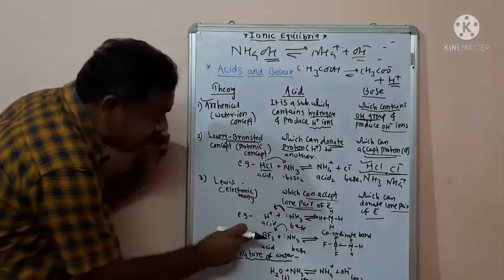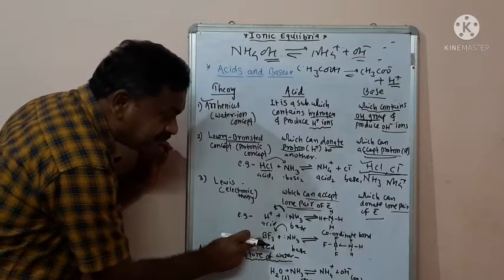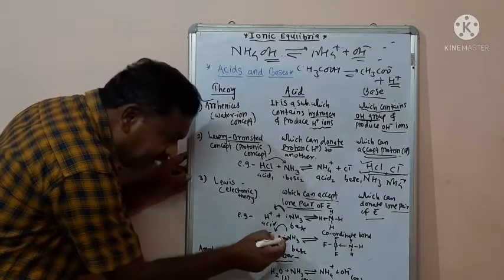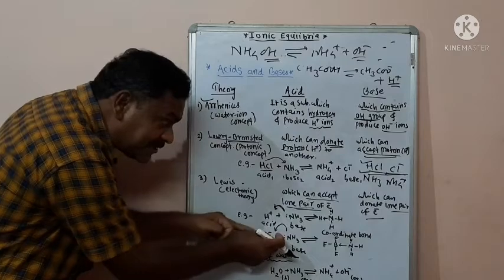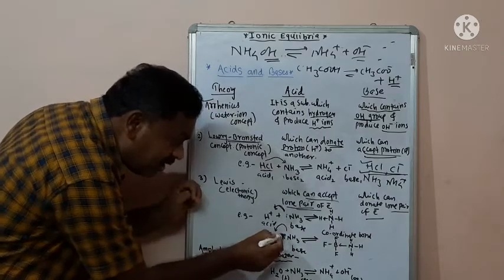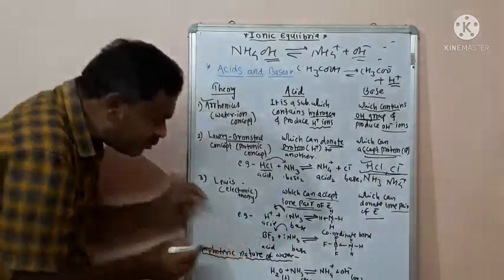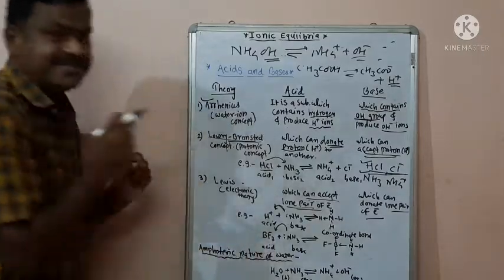The same goes for BF3, boron trifluoride. BF3 accepts a lone pair of electrons, and that's why BF3 is the acid.